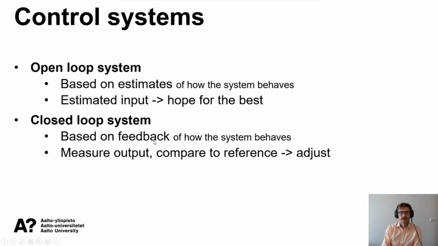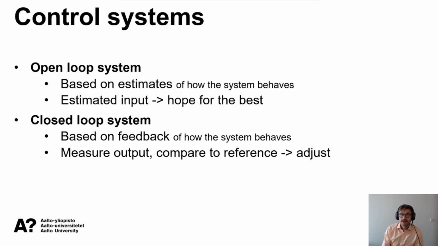Okay, I already talked about this a bit. So we have two different kinds of systems. Open loop system, where you don't get any feedback. So in the car cabin example, you don't know what is the measurement, what is the actual temperature at the moment. You only try to guess, based on system physics that are known beforehand, what is a good control value.